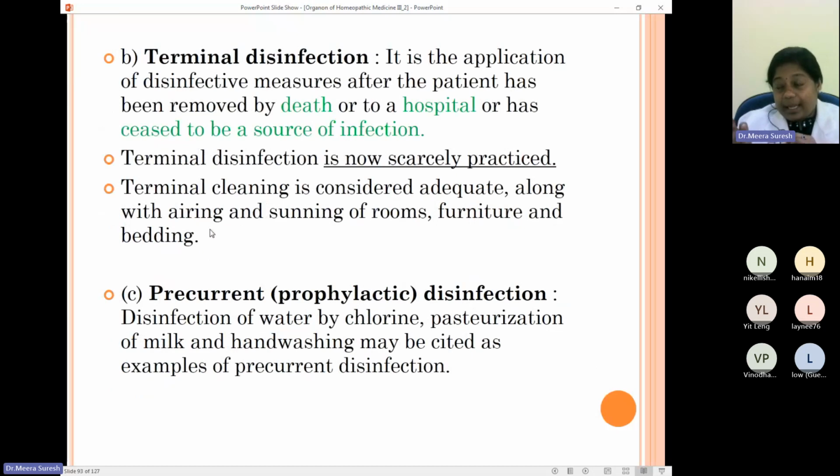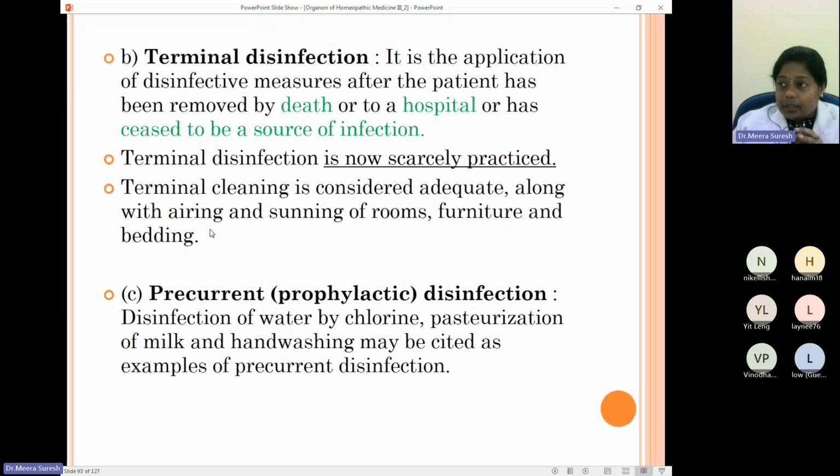Terminal disinfection is happening towards the end. And towards what end? It is the application of disinfective measures after the patient has been removed from that area. The patient may be removed by death. Imagine we have isolated him, he is passing stool through a tube because he is in isolation, and we are not getting into contact with him.